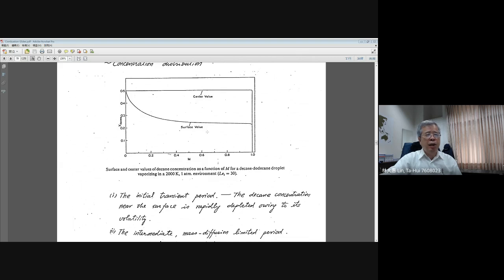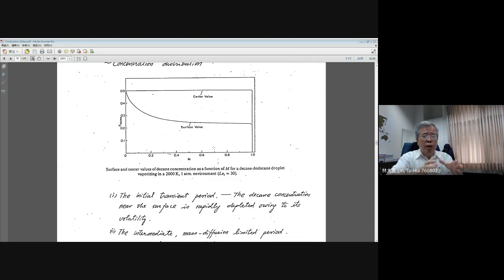Which means in this case, they tell you the droplet actually is well mixed by the decant and the decant. And in this steady state period, decant always has 25% concentration on the surface and 50% at the center. They do not change.